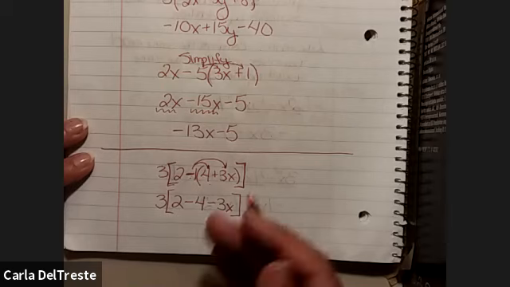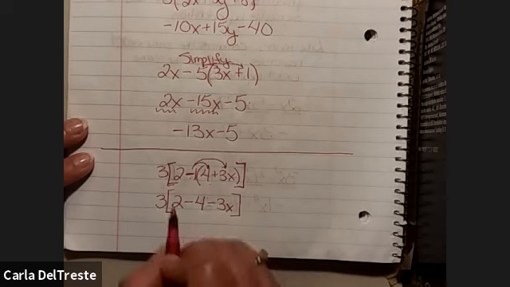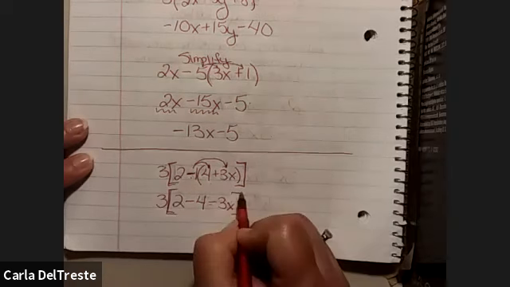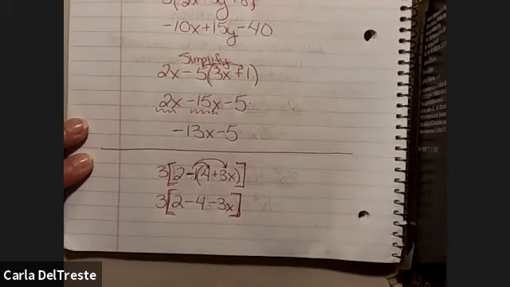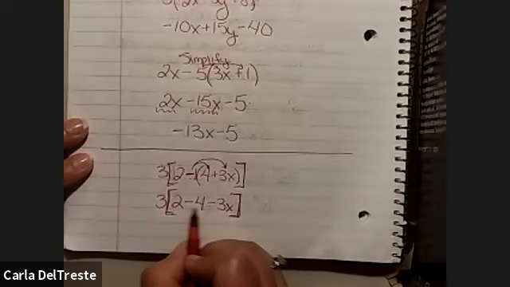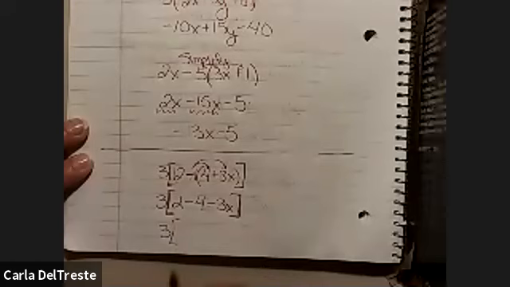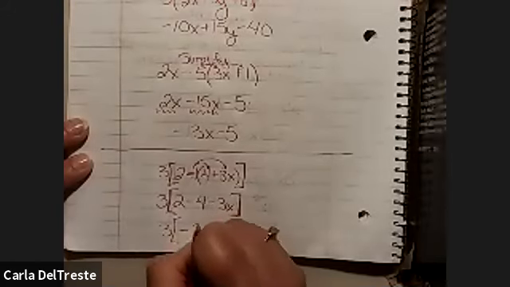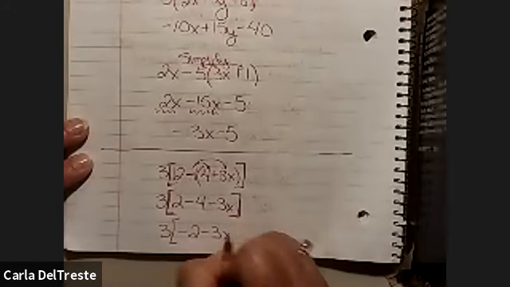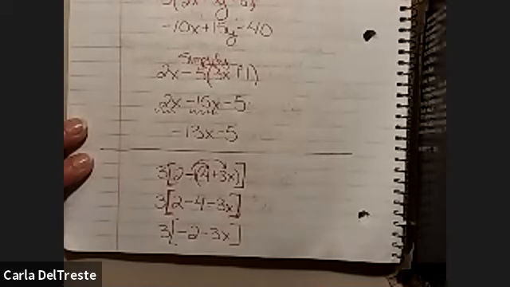Okay, now my eyes should refocus, and I'm now in these parentheses. I do see like terms. So I'm going to do 3 parentheses, 2 minus 4 is -2, and copy down the -3x.